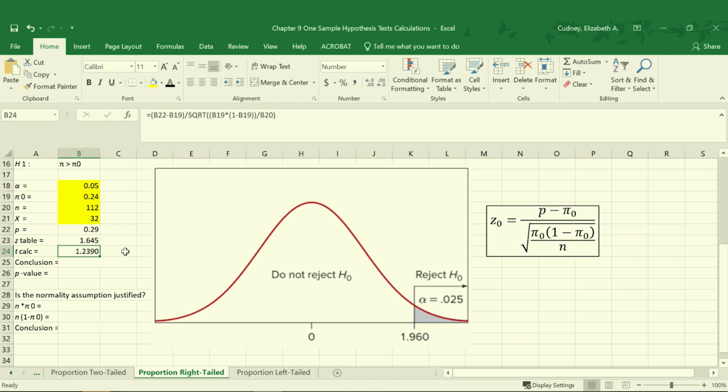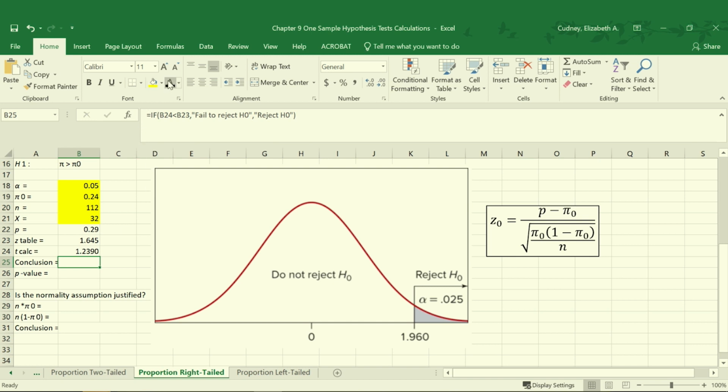That gives us a value of 1.2390. So when we look at our calculation, we have our z-table, which would be a value of 1.645, our t-calc, which would be 1.2390, so we know that we're going to fail to reject our null hypothesis.